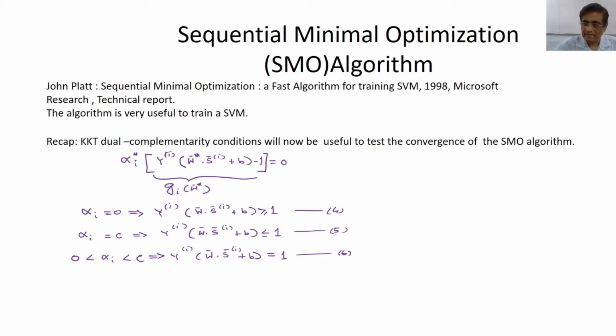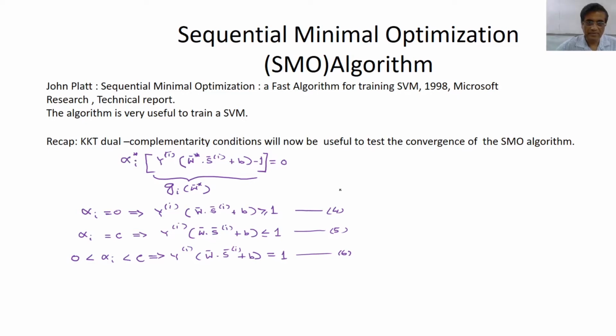And one good thing about the support vector machine dual problem and its constraint is that the KKT dual complementarity condition suggests that out of many samples there will be only a handful of support vectors, because only those samples for which the Lagrangian multiplier alpha i is non-zero will be support vectors.